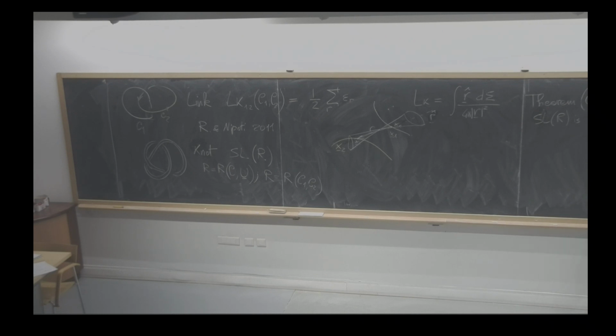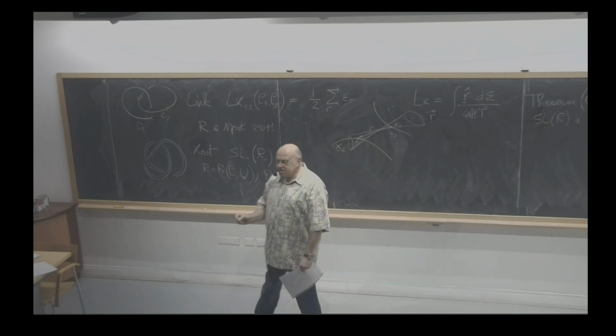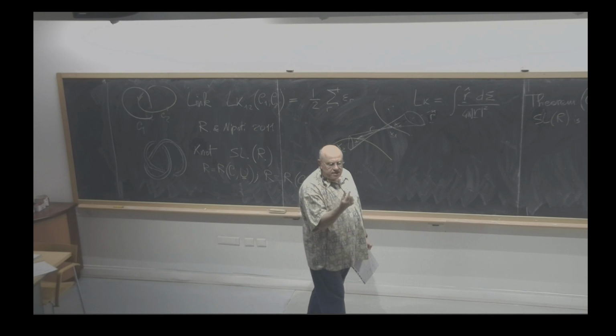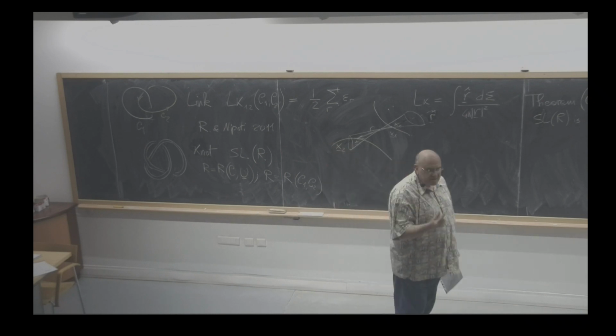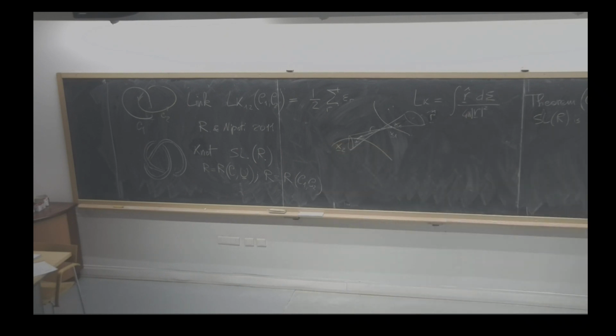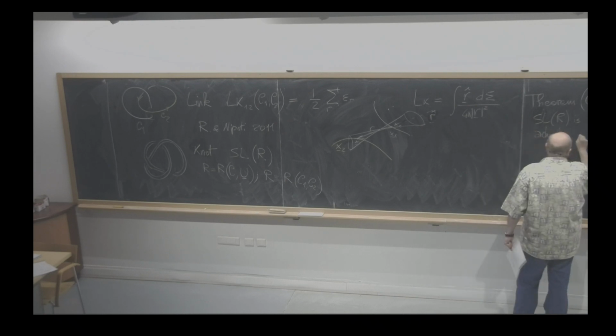Be careful, don't say that it is an invariant of the knot, because the knot is a curve in space. So you have to think of a thickened knot, so a ribbon. Okay, so it's a topological invariant of R, of this ribbon, and admits a decomposition.